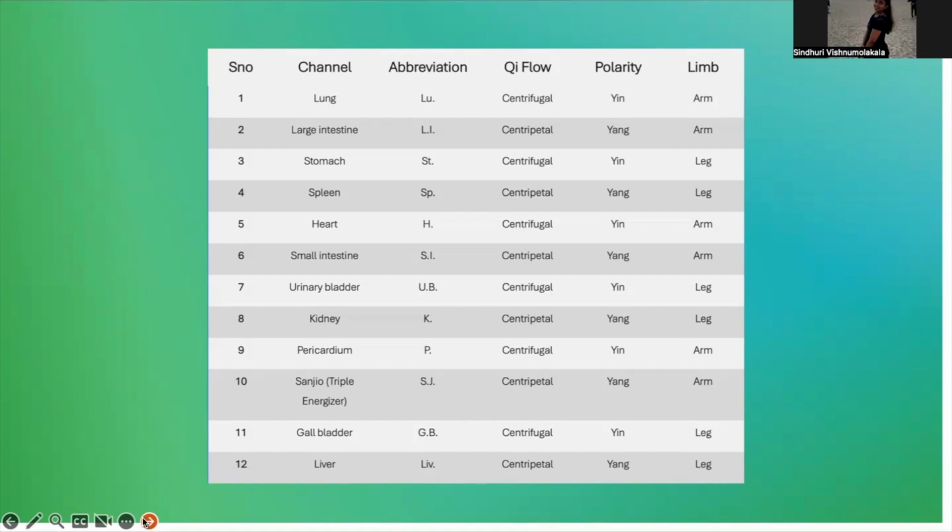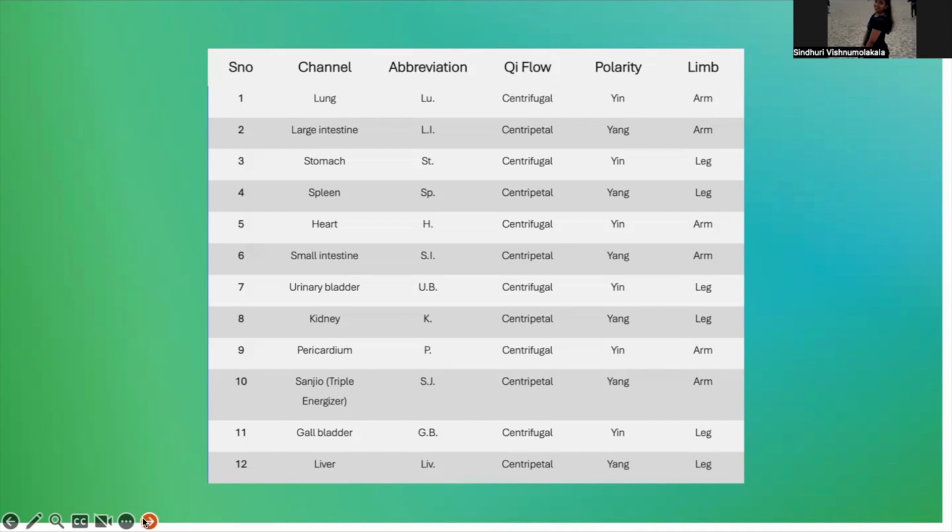Out of these 12 channels, we have 6 in the arm and 6 in the leg. And out of the 6 arm channels, we have 3 yin and 3 yang. And out of the 6 leg channels, we have 3 yin and 3 yang.